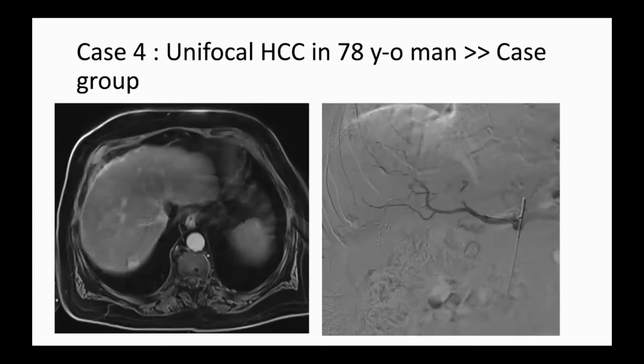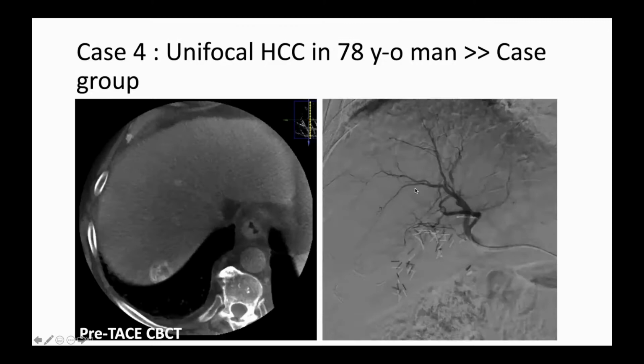So this is another case of a unifocal HCC in a 78-year-old man here. So we hyperselectively treated this lesion, and here is the cone-beam CT before the treatment, and we went hyperselectively.